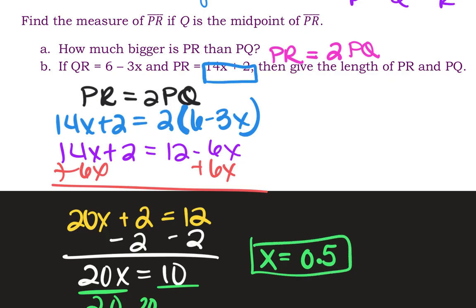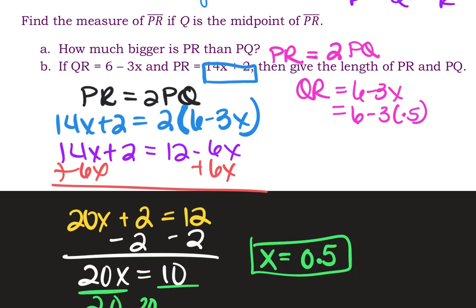Not the answer, right? Not the answer. I want to know the length of P to R and P to Q. I don't have P to Q, but what do we say again? P to Q is equal to Q to R. So I can just start with Q to R. Q to R is 6 minus 3x, and we know x is 0.5.